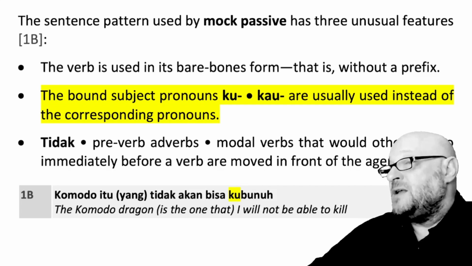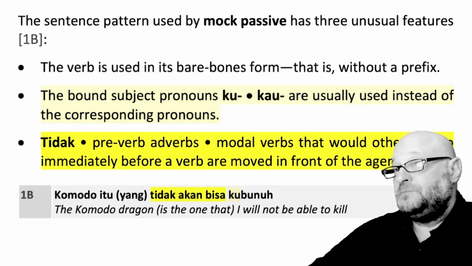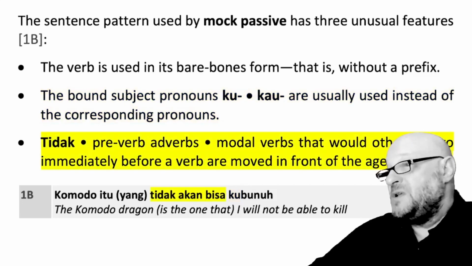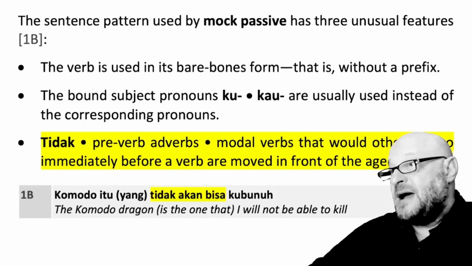So instead of saya bunuh, it's kubunuh. Feature 3, tidak, preverb adverbs, modal verbs that would otherwise go immediately before a verb are moved in front of the agent. So here we have tidak akan bisa kubunuh.